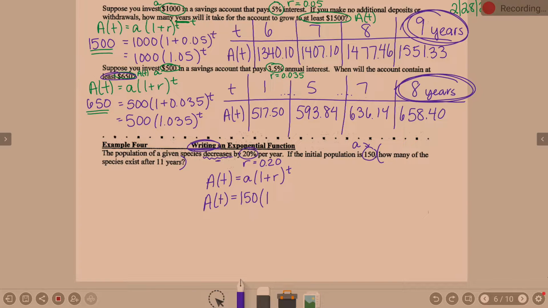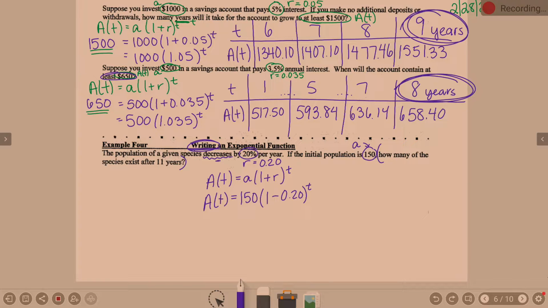What am I doing for 1 plus r? Minus r. 1 minus the 0.2. And then for the moment, raise to the power of t. I just want you to write the equation. We're not answering the situation yet.